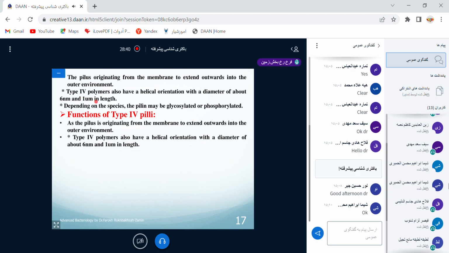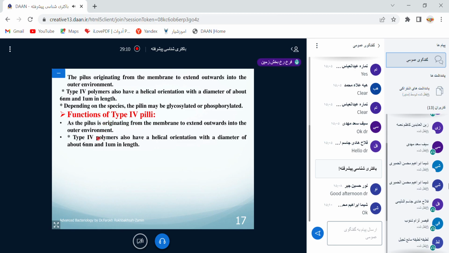Type 4 polymers also have a helical orientation with a diameter of about 6 nanometers and 1 micrometer in length. Depending on the species, the pilus may be glycosylated, with some sugars added, or phosphorylated, with some phosphate added to the pili.